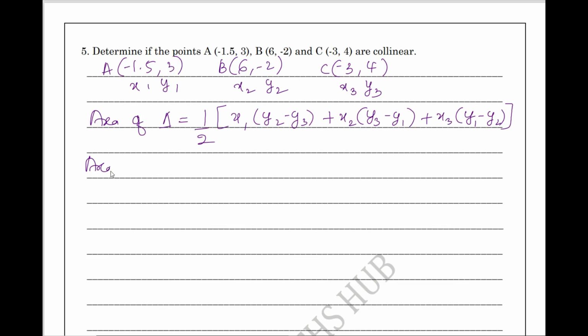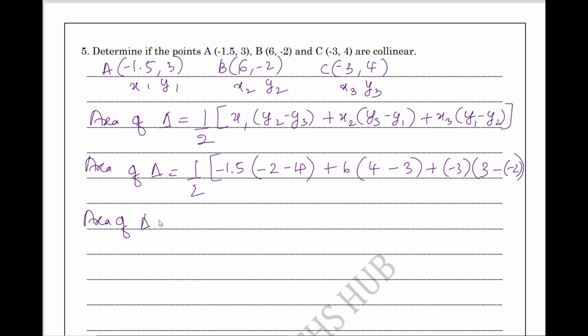Now area of triangle equals half into, what is x1? It is minus 1.5. What is y2? y2 is minus 2, y3 is 4, minus 4 as it is, plus x2 is 6, y3 is 4, minus y1 is 3, plus x3 is minus 3 into y1 is 3 minus of minus 2.